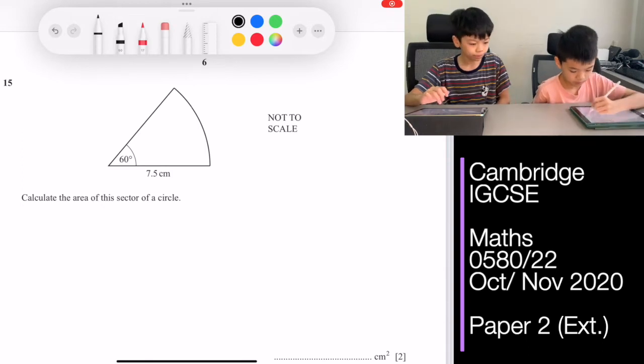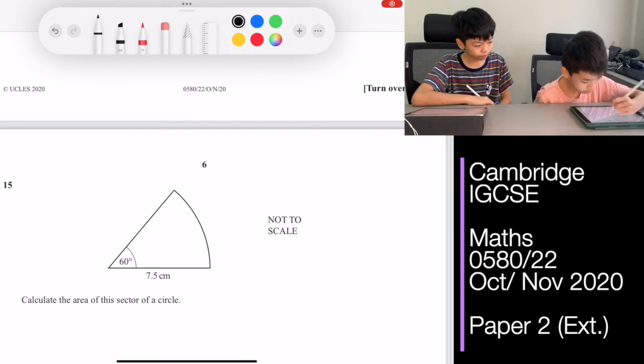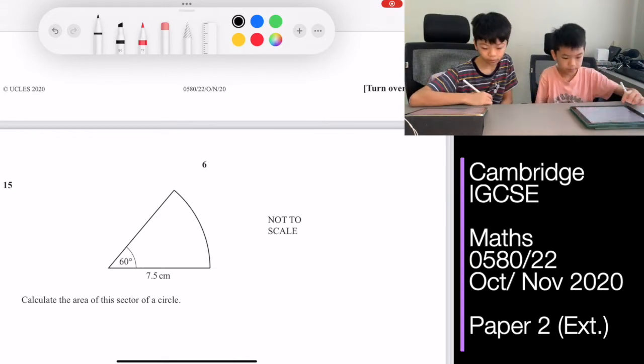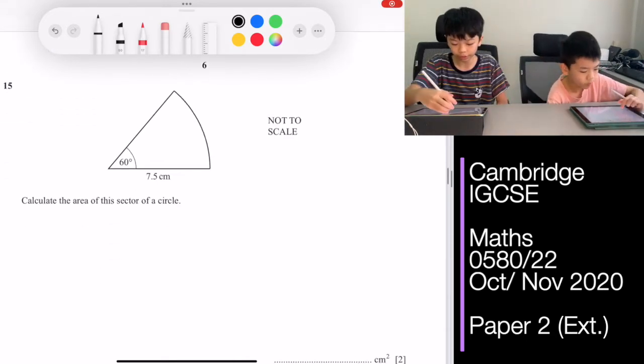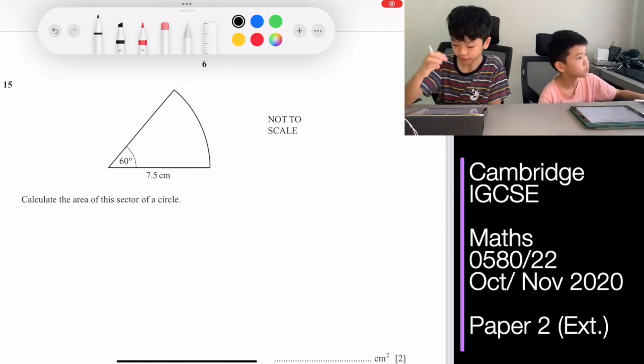Calculate the area of this sector of a circle.